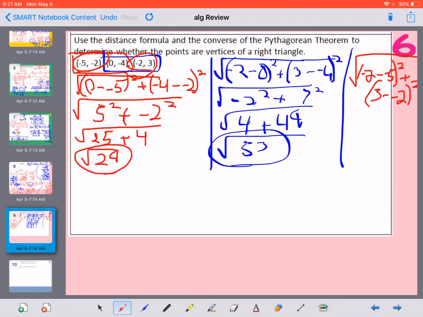Negative 2 minus a negative 5, well, that's negative 2 plus 5, which is 3 squared, plus 5 squared, so 9 plus 25 gives us the square root of 34.